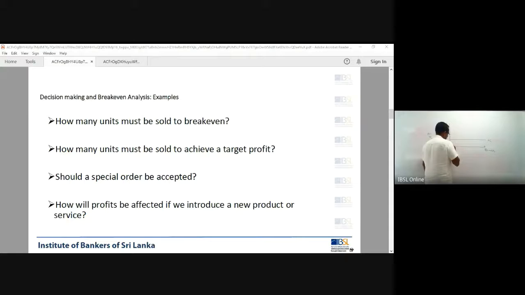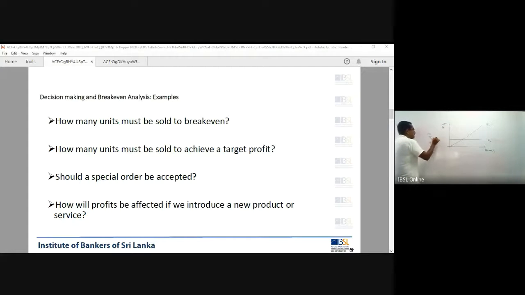When you start producing something, you have a variable cost going. One unit sold, one unit you produce, you have this much variable cost. Second unit, you have this much variable cost. Third unit, fourth unit, like that, when the quantity increases, variable cost increases.